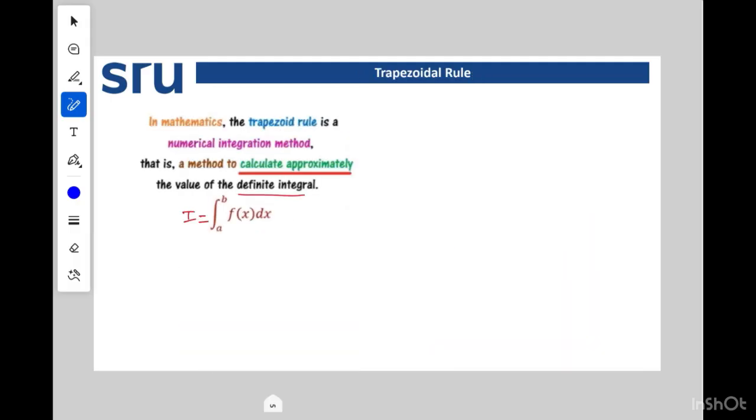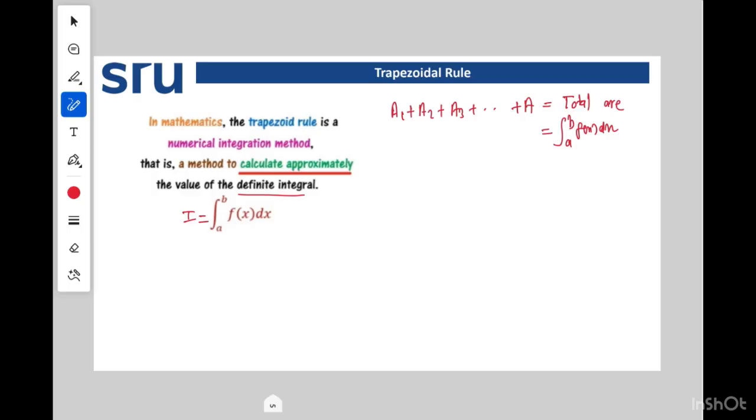So we can write a1 plus a2 plus a3 plus dot dot an equals the total area. And what is the total area here? The total area from a to b of f(x) dx. So this is the algorithm of the trapezoidal rule.